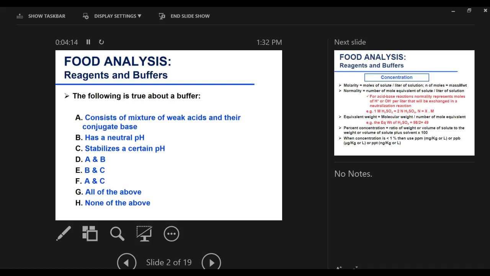Under what circumstances do we want to maintain a pH? In an enzymatic reaction. Oh, sorry, go, I didn't see you. Yes, in our own blood. You went deep there.